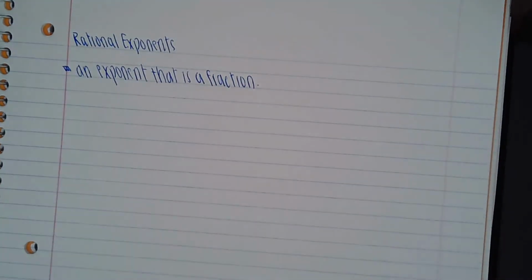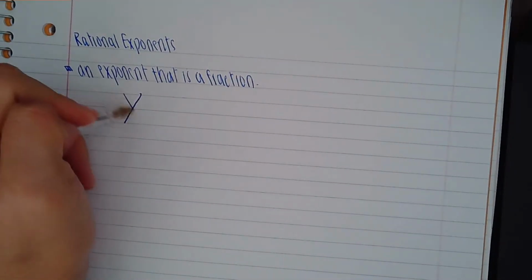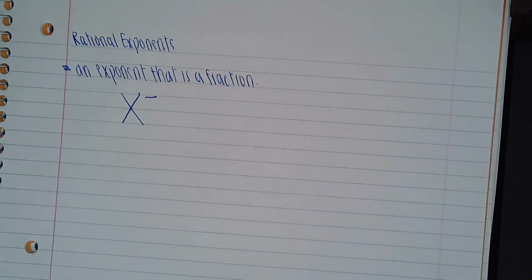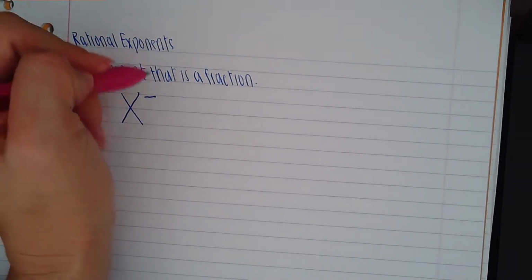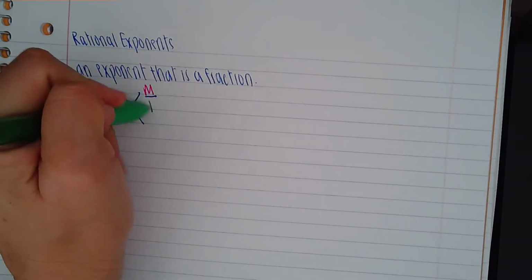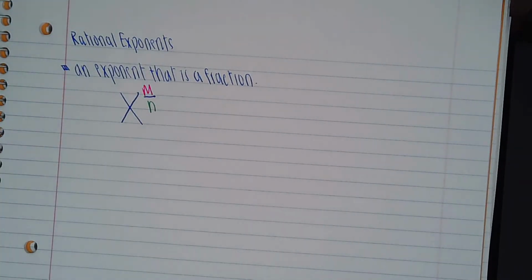And you want to think of that as an exponent that is a fraction. Okay, so let's say we had x was our base, and it was raised to the m over n, right?